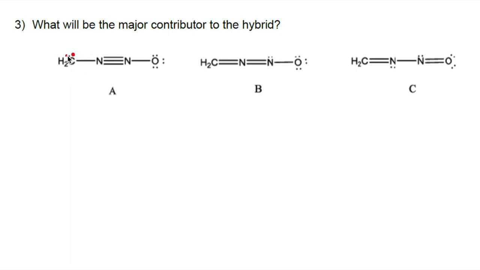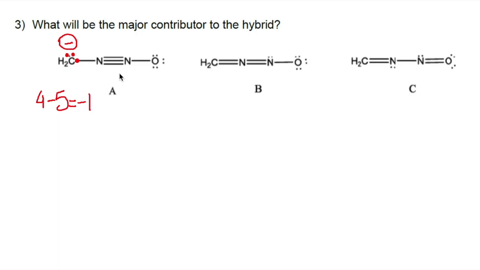In molecule A, you have a carbon connected to 1, 2, 3, and then the 2 hydrogens, so that's 5. We do 4, the number of electrons that carbon usually has, minus 5, and the answer is minus 1. So that's why we have a minus.